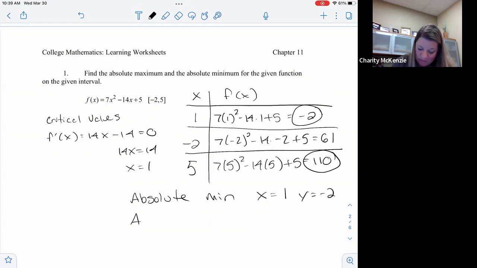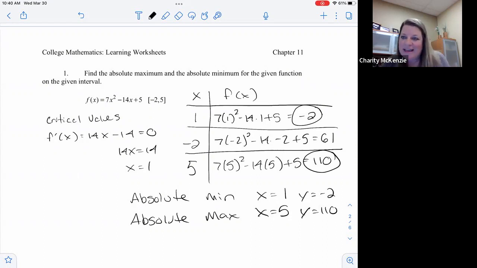And the absolute max is at x equals 5 and the y value is 110. Sometimes it just says the x value, like all the other problems we've been doing. It doesn't always say the y, but there you go.